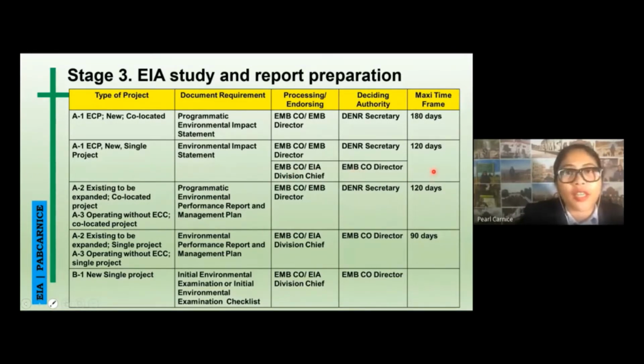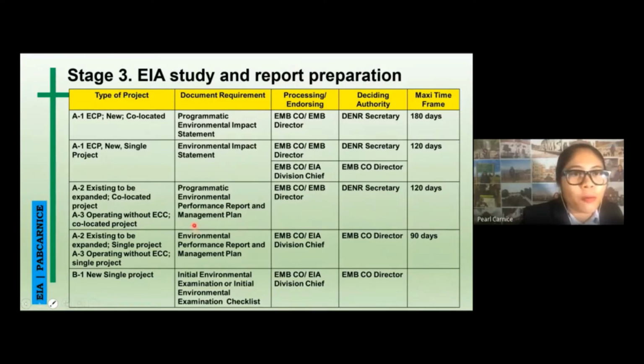That is 4 months. Next is still category A, existing, to be expanded, and if it is co-located, then I have to prepare a programmatic environmental performance report and management plan. It's the same processing and endorsing, and the maximum time frame is 4 months.